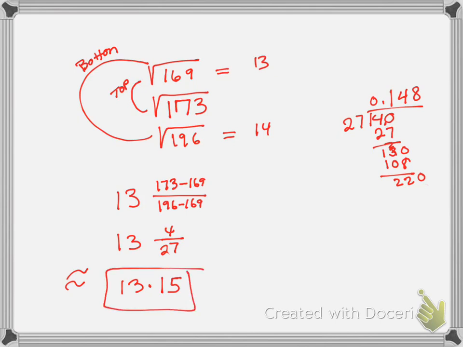One more time. The way we get this is we go from low to high, and this is the middle minus the top, and this is the bottom minus the top.